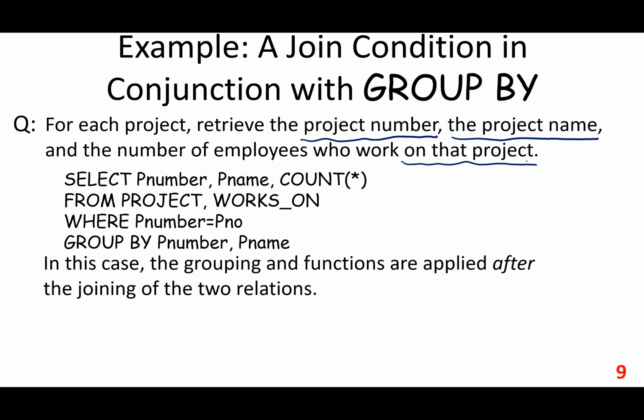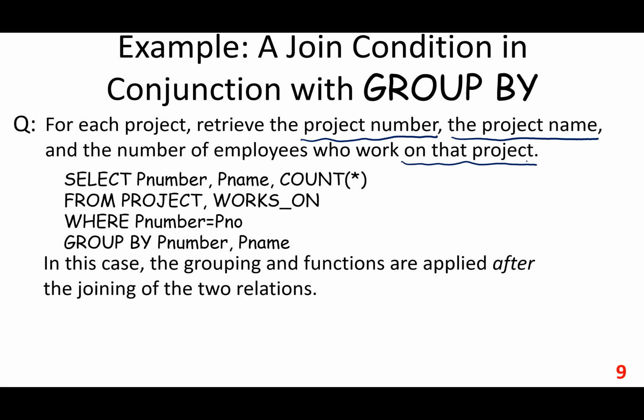We join two tables first, so we have one result table. You can imagine after the join operation, we have one result table. Then in that result table, we define groups based on project name and project number.